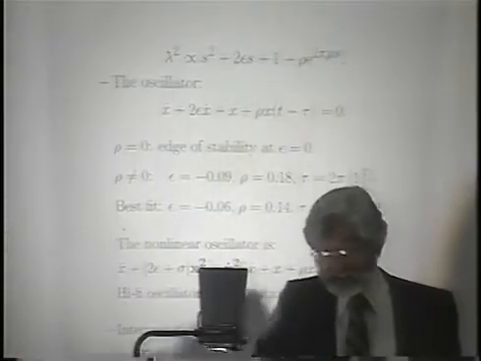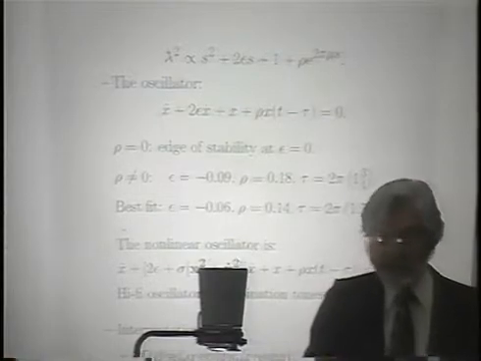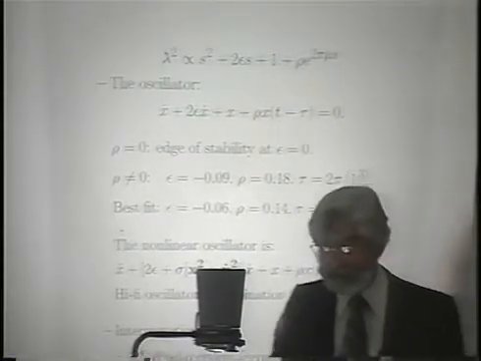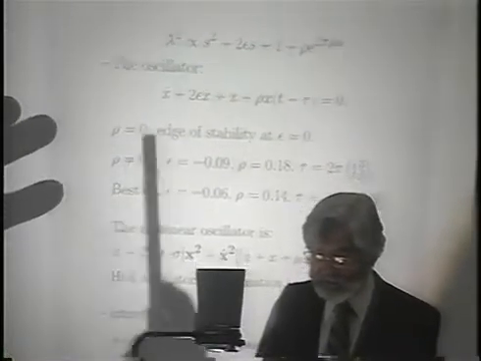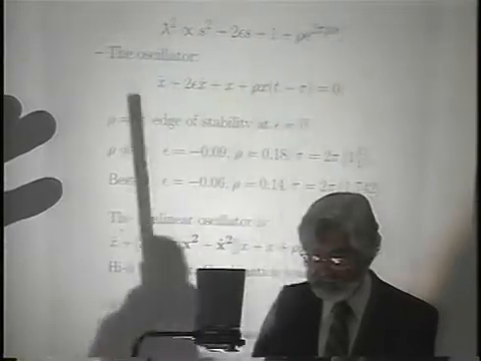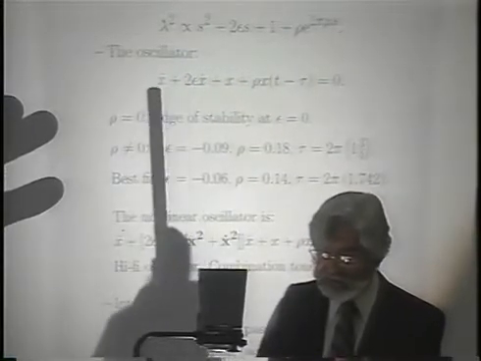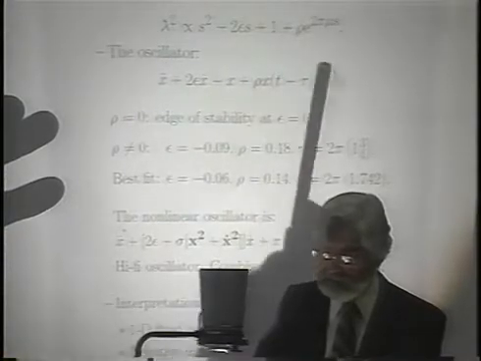Now, what this means, and now you have a theory that relates the wavelength squared to the oscillator, and that theory I'm not going to go through in any detail. Let me just say that the wavelength squared is just proportional to the Fourier transform of this thing. So that this wavelength squared says that the underlying oscillator looks like a harmonic oscillator, but it has a time delay force.